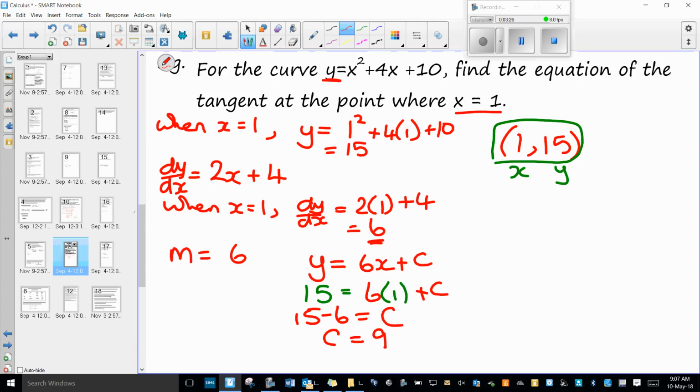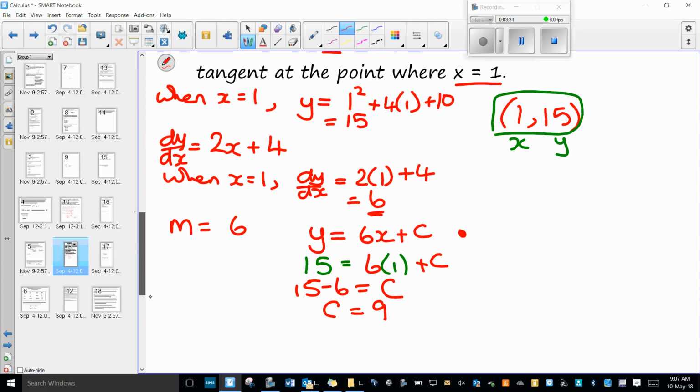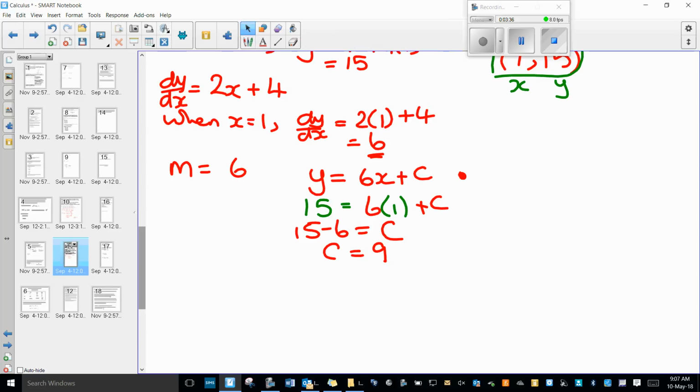So at this point here, we'd stopped and said that it's y equals 6x plus c. Now we've found the value of c, so we can stick that in and finish off. So we know that it's y equals 6x plus 9.